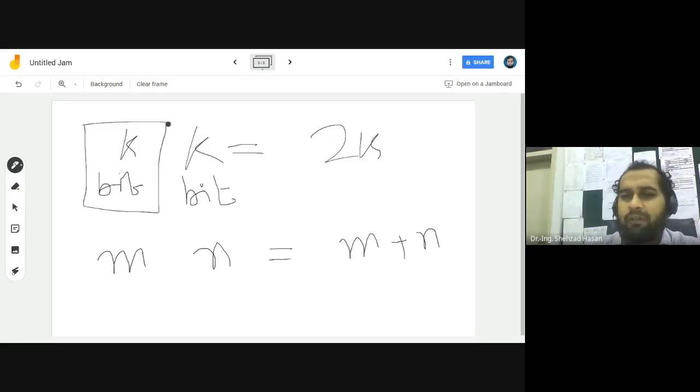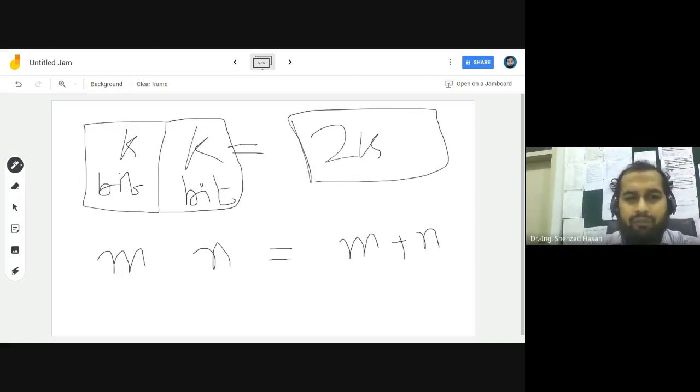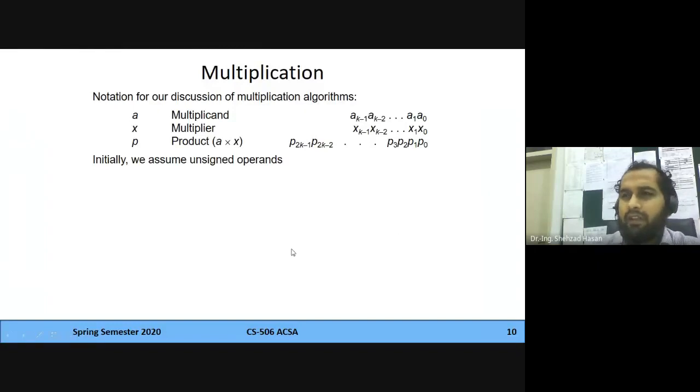So if a number like k is selected, then the same number would be selected for the multiplier, and the result would be twice that size. That makes things simpler, right? So in multipliers, the product is k plus k, or 2k.